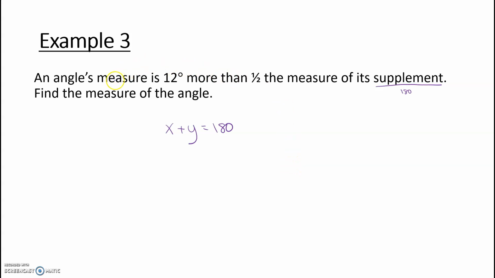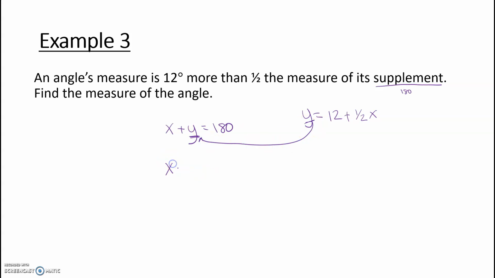And you know one of those angles, doesn't matter which one, let's say y, is 12 more than, so 12 plus, half the measure of the supplement. So half the measure of x. Alright, so instead of y, I'm going to plug this in.